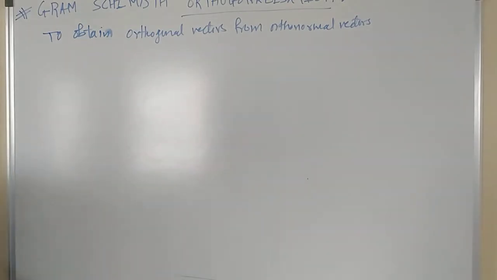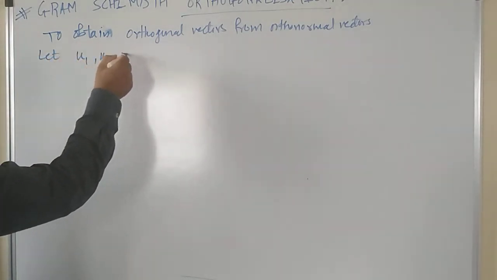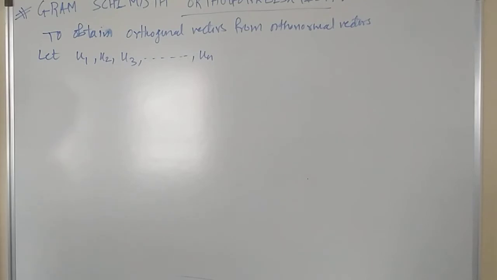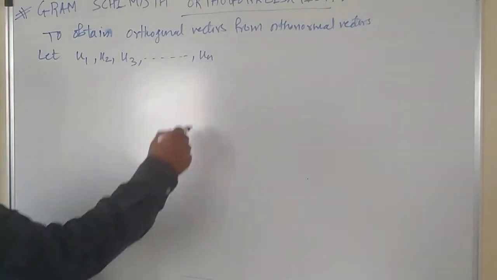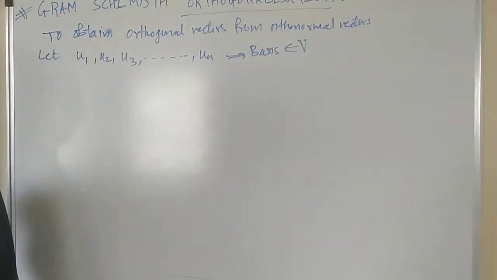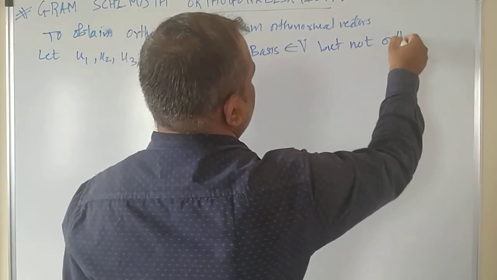So let us say u1, u2, u3, and in this way there are n number of vectors, u1 to un, and these are the vectors which are acting as a basis for the vector space V, but they are not necessarily orthogonal.